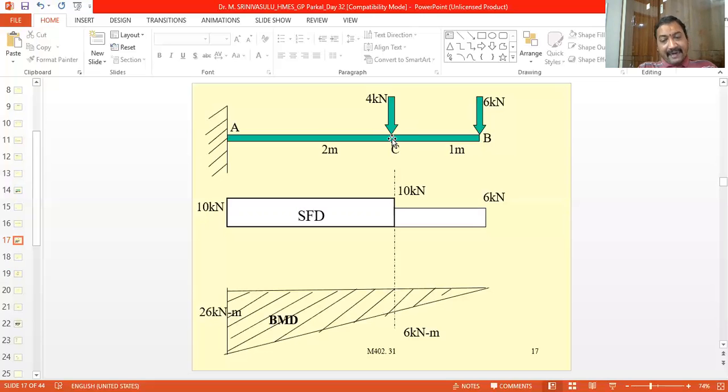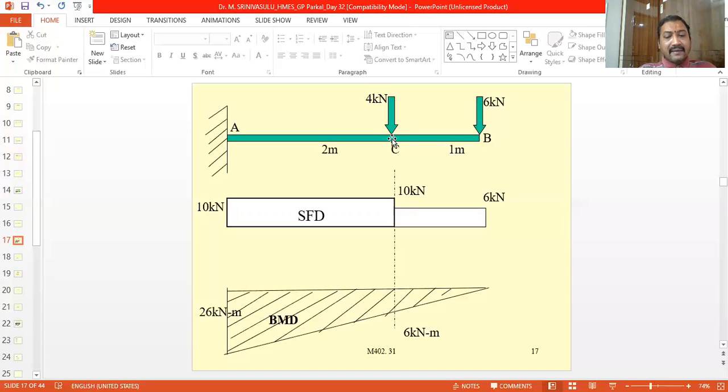What is positive and what is negative? A clockwise moment acting to the right of the section is negative, whereas an anti-clockwise moment acting to the right is positive. Here it is producing a clockwise moment to the right of the section.